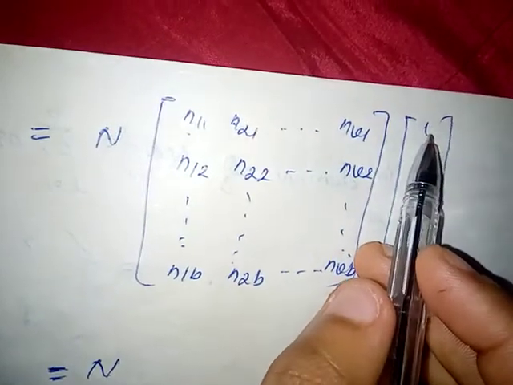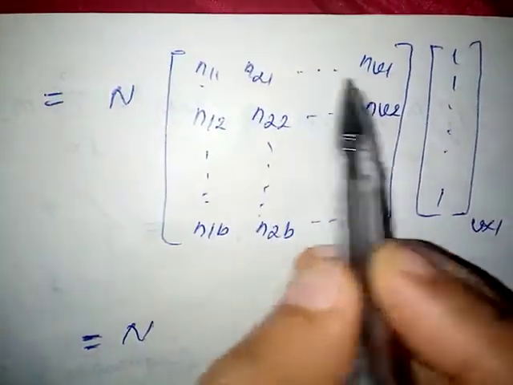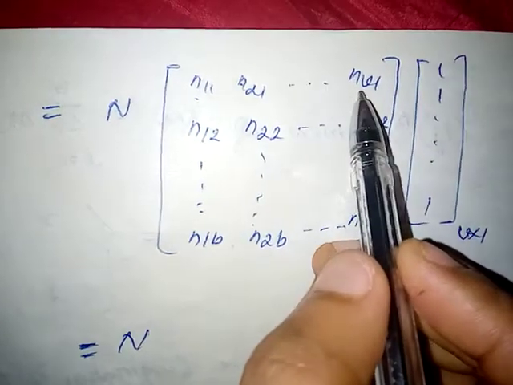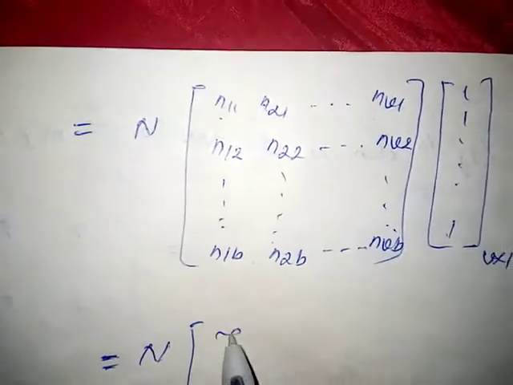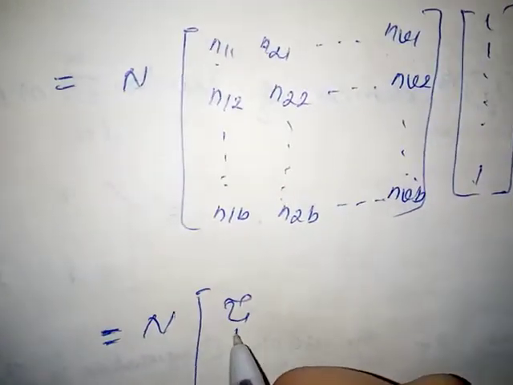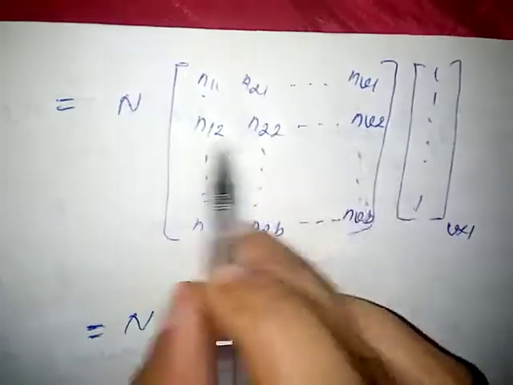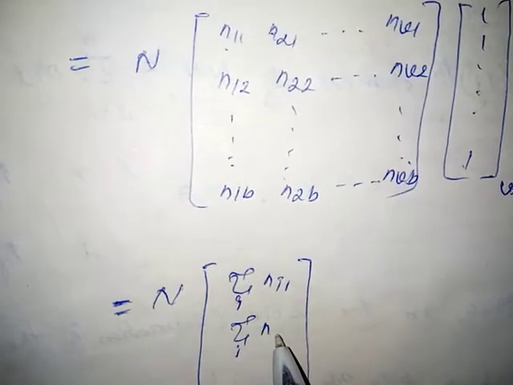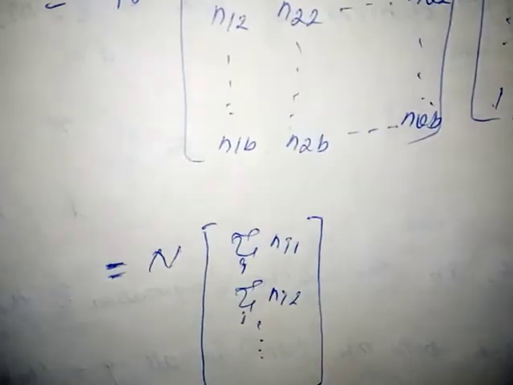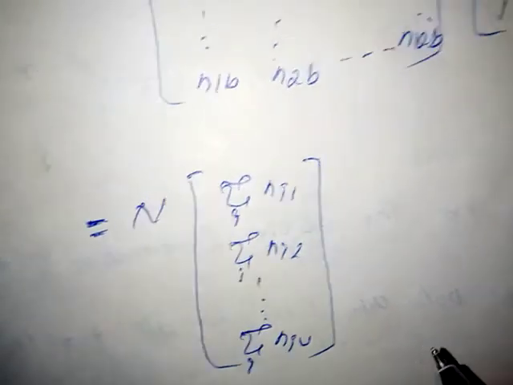What is that? n11 into 1 plus n21 into 1 and so on plus n_v1 into 1, that is summation over i of n_i1; the second row, similarly, summation over i of n_i2, and so on, summation over i of n_iv.